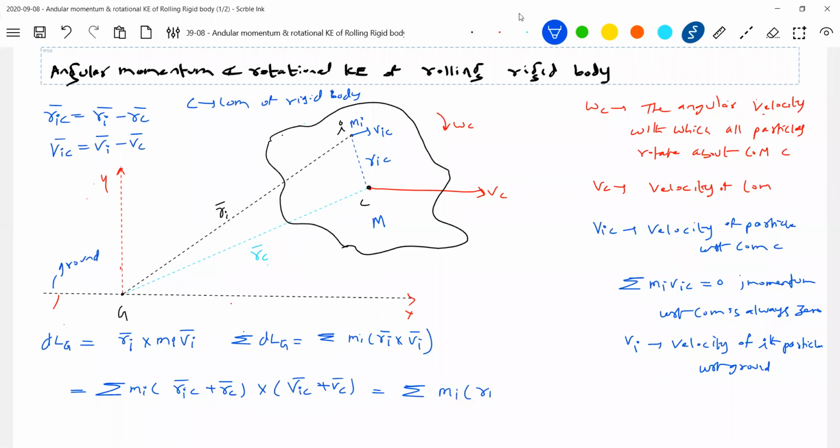One quantity, summation of mi RIC cross VIC, then summation of mi RIC cross VC, then summation of mi RC cross VIC, then summation of mi RC cross VC.